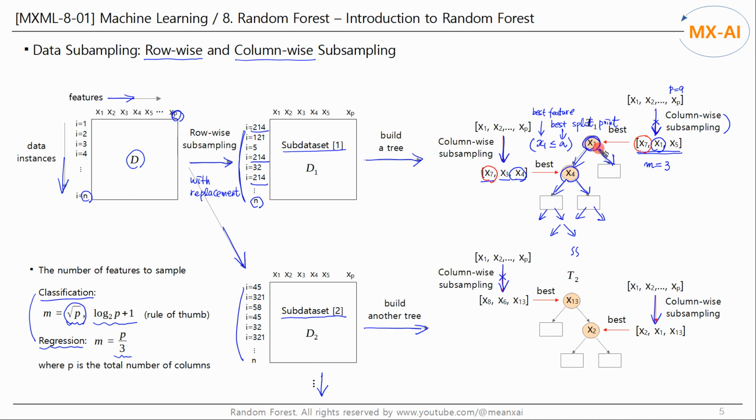For example, if x1 is the most important feature, many trees may choose x1 for the first split. Even if row sampling changes the subdata sets for different trees, x1 may still be the most frequently chosen feature in the early splits. As a result, many trees may still develop very similar structures, again reducing the effectiveness of the ensemble.